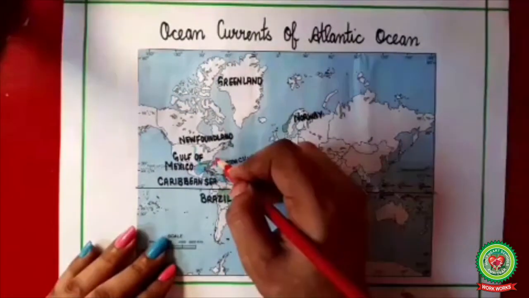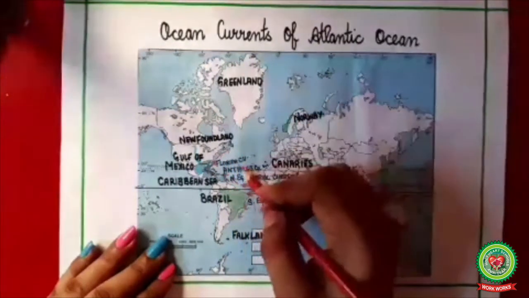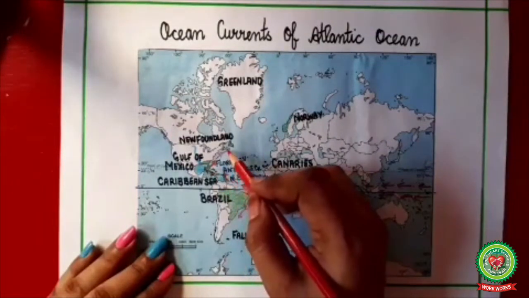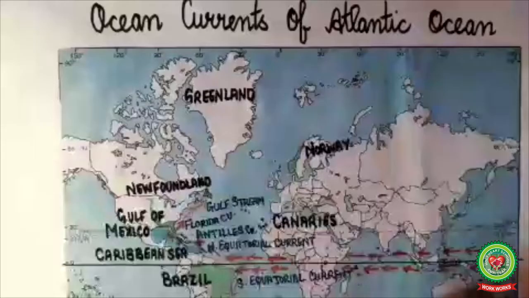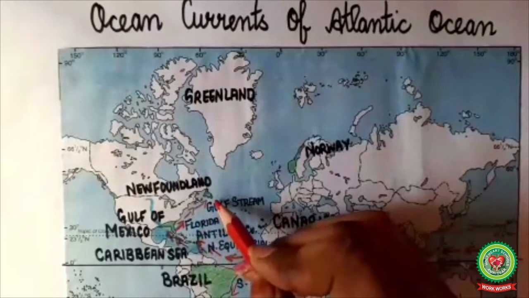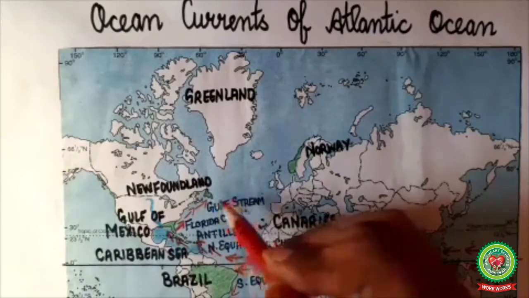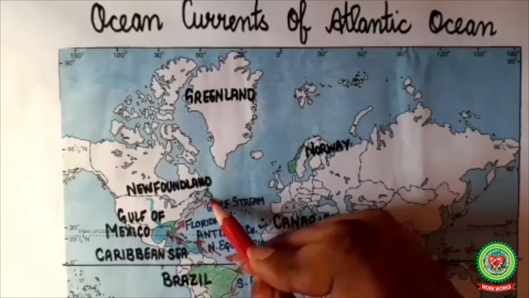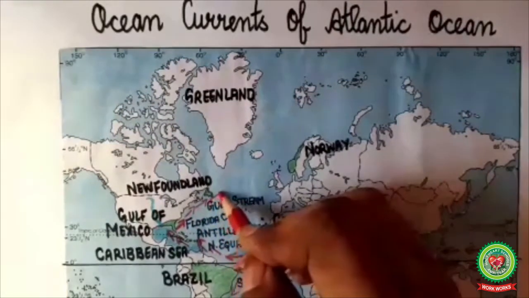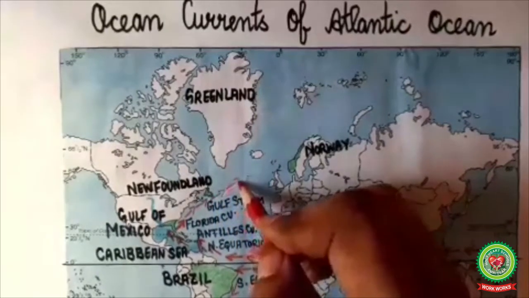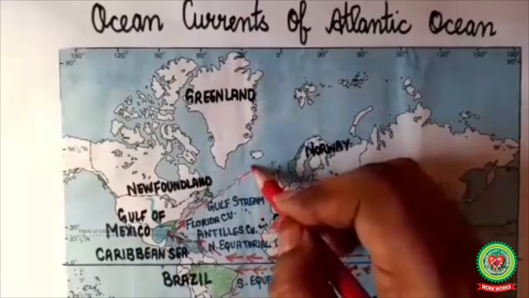From here the current flows parallel to the eastern coast of North America as the Gulf Stream. It is named after the Gulf of Mexico. From the Grand Banks, which is one of the best fishing grounds in the world in Newfoundland, the Gulf Stream moves eastward like this because it is under the influence of the prevailing westerlies.